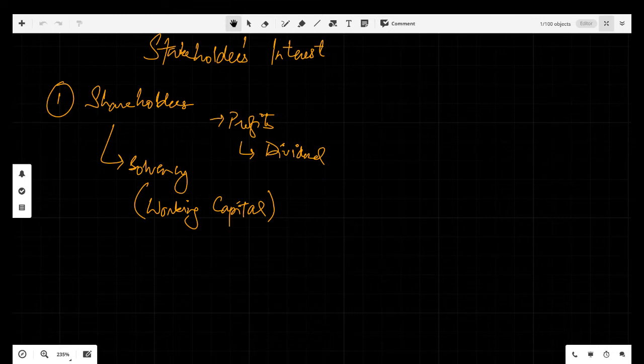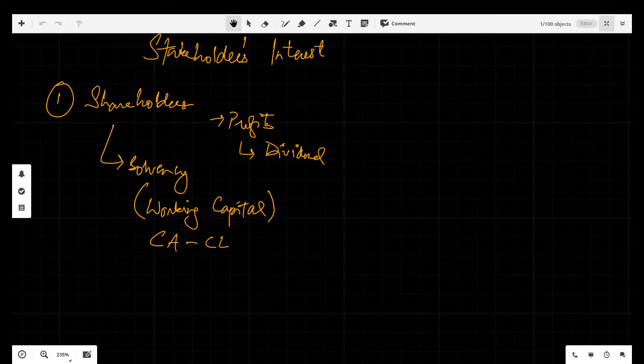And how do we calculate the working capital of the business? We discussed it before. It is current assets minus current liabilities.